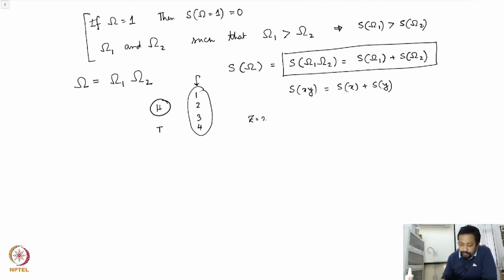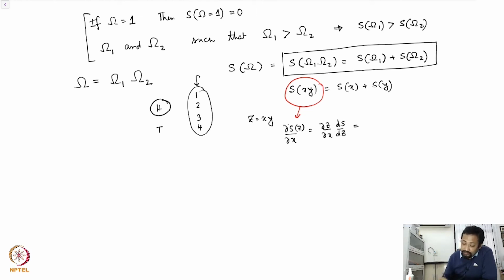First of all, we write z is equal to xy, right? Then del S of z by del x, which essentially means that I'm just looking at the left hand side and trying to calculate these quantities, is del z by del x times dS by dz, right?